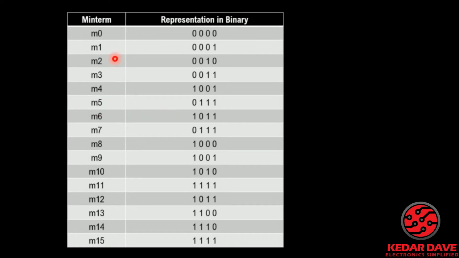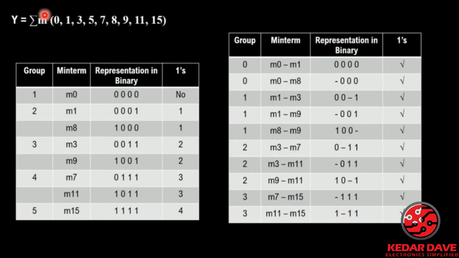For example, the 0th minterm, third minterm, 7th minterm, are represented in binary, right? So let's go to the first phase of our example. Here you can check: 0, 1, 3, 5, 7, 8, 9, 11 and 15.